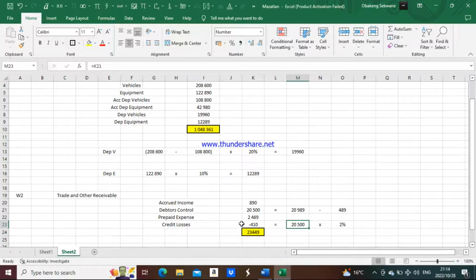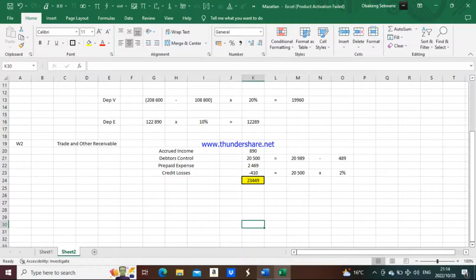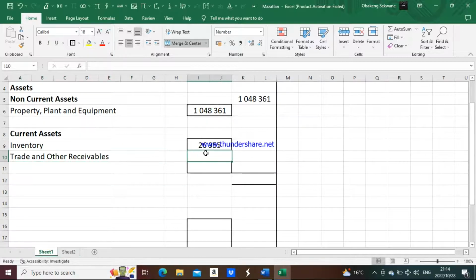All I did was put a negative in front of M23, which is our debtors control amount which we took from here. We subtracted our credit losses because we lost that money. So we got a total of 23,449.